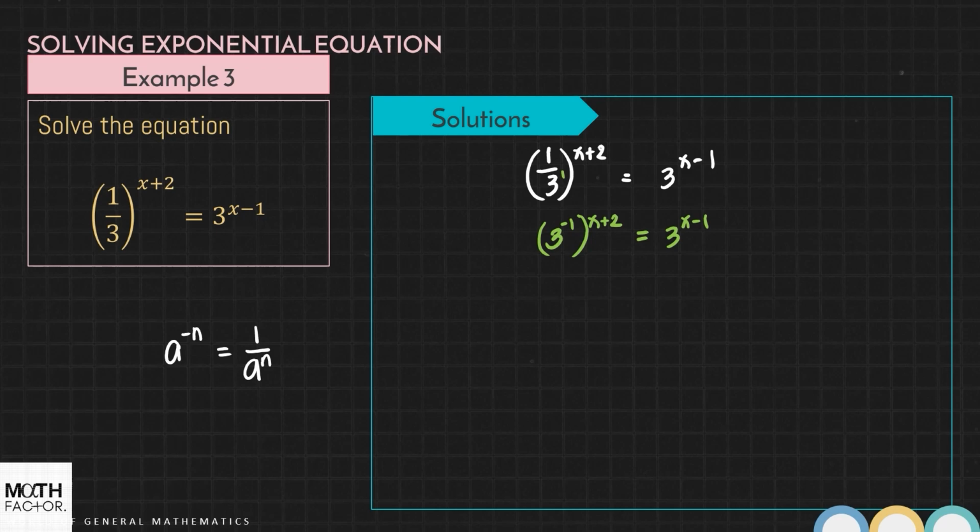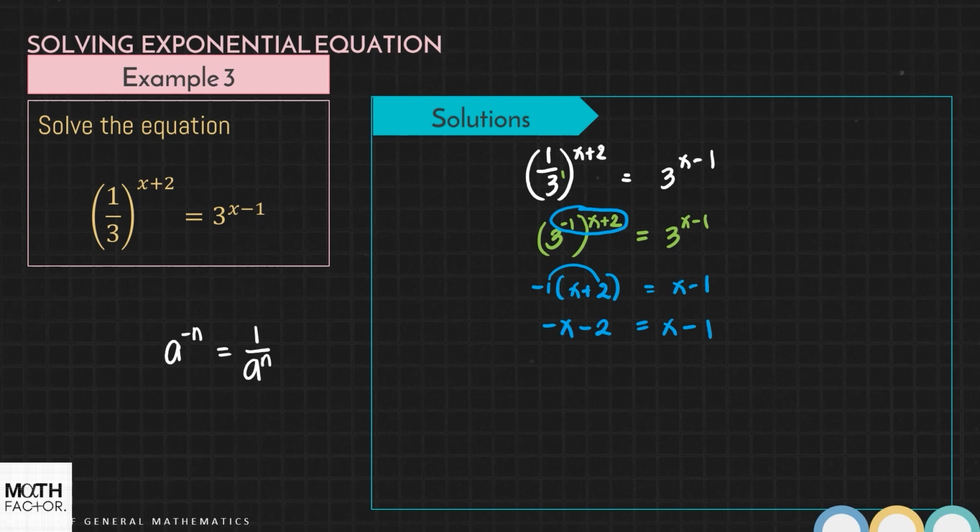So, ngayon, since same bases na, we can apply the power of power rule here. Negative 1 multiplied by x plus 2. Then, copy x minus 1. Distribute. Negative x minus 2 is equal to x minus 1.